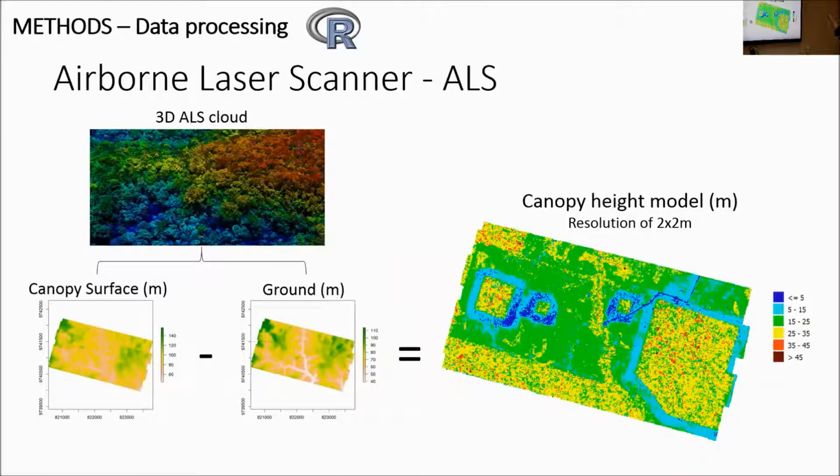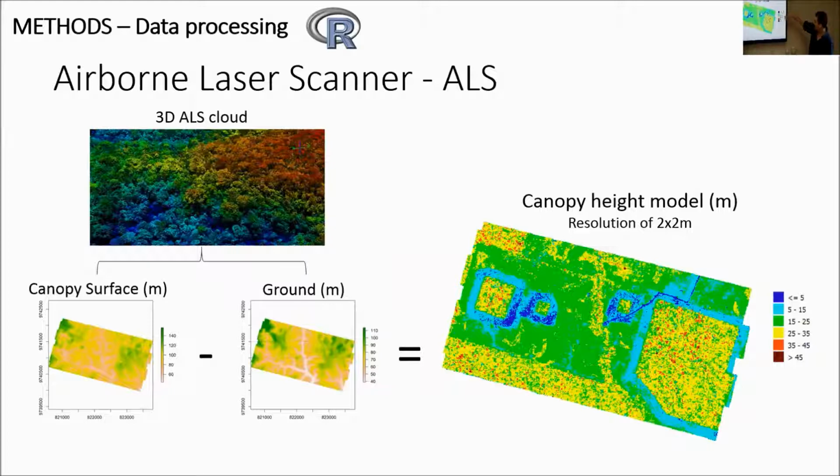Okay, for the data processing, we basically use the 3D airborne laser scanner to create the canopy surface and the ground. The difference between the canopy and the ground gives the canopy height, the height of the trees. We use a resolution of 2 meters, each pixel here is 2 meters.